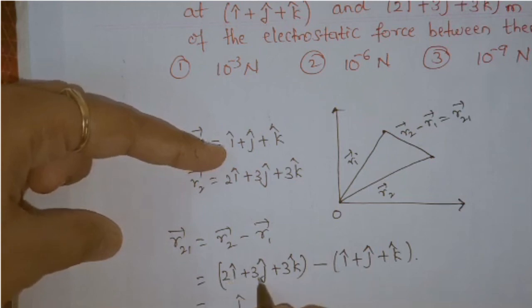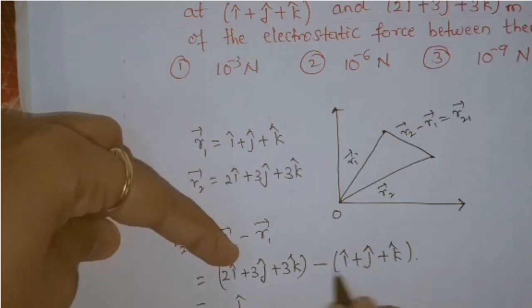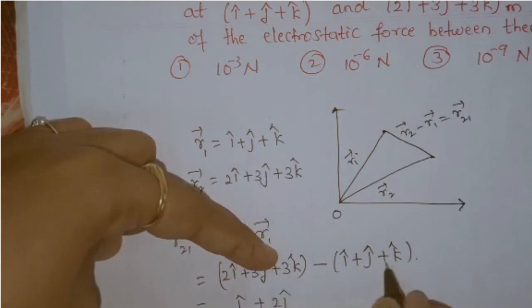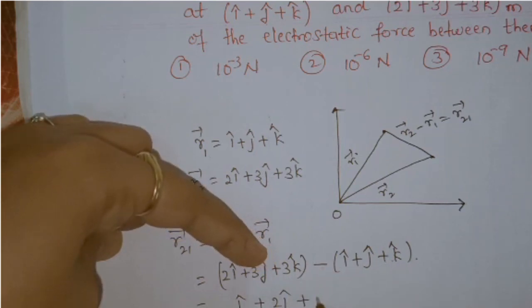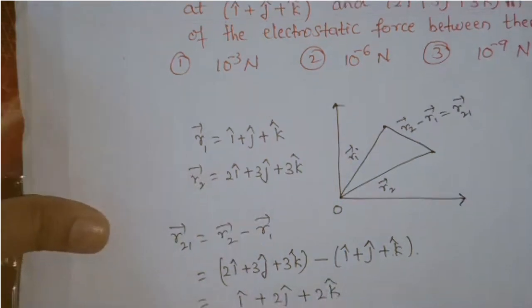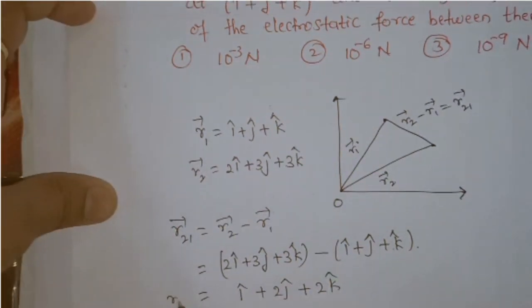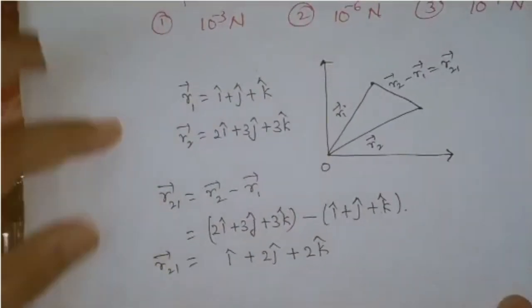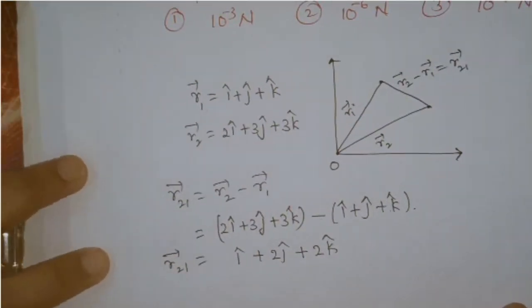So 2i minus i gives i cap, 3j minus j gives 2j, 3k minus k gives 2k cap. Correct? So this would be our R21.